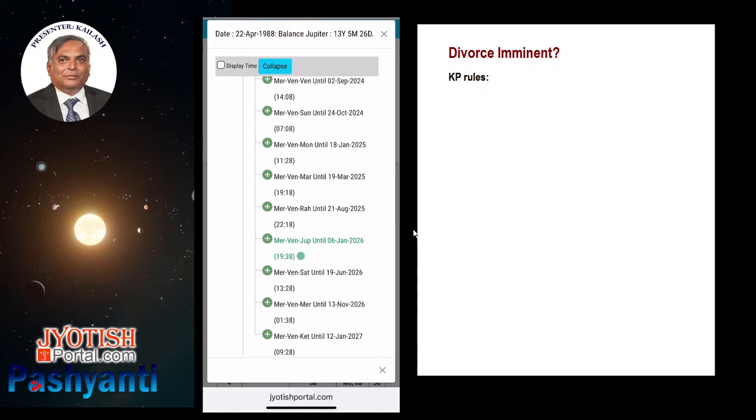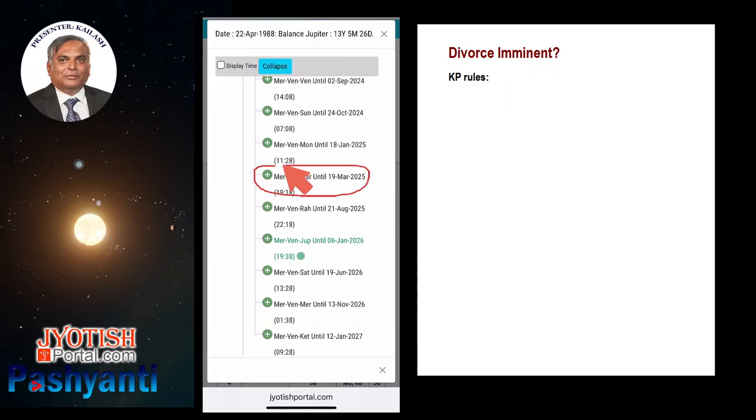It started sometime around 19th of this period, right? And then the Rahu, which actually ended about maybe 10 days ago. And then comes Jupiter.